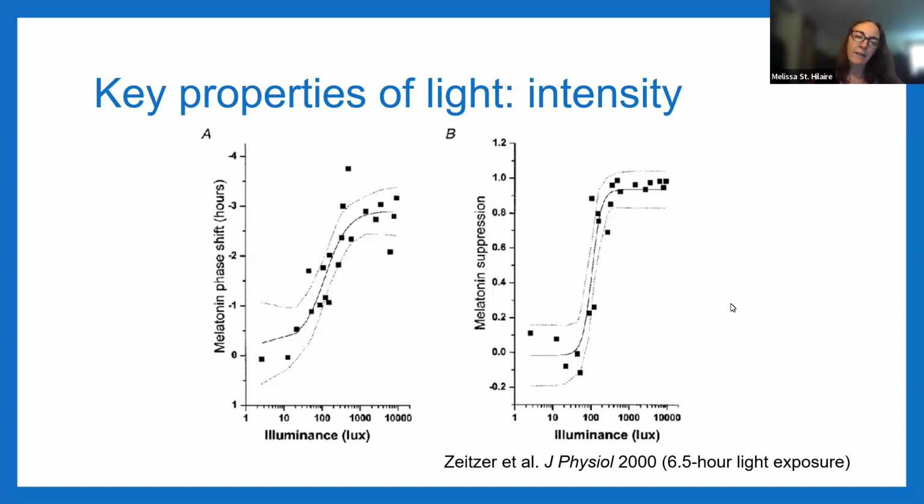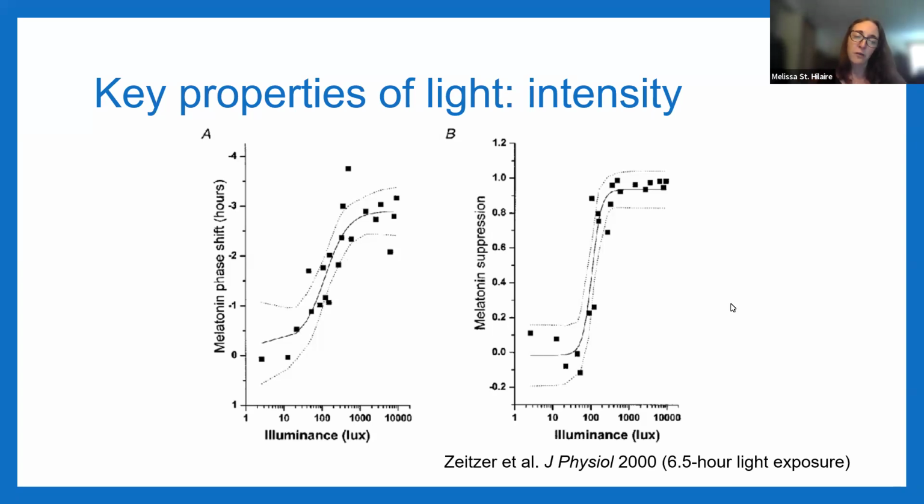And just to highlight that in 2000, Jamie Zeitzer and colleagues constructed these beautiful intensity response curves, which have been very instrumental to a lot of the work that I've done over the years, looking at both the response of the system to intensity of light for phase resetting, as well as melatonin suppression. And just for context, these were exposures that were all done in the early biological evening. These were 6.5-hour light exposures.